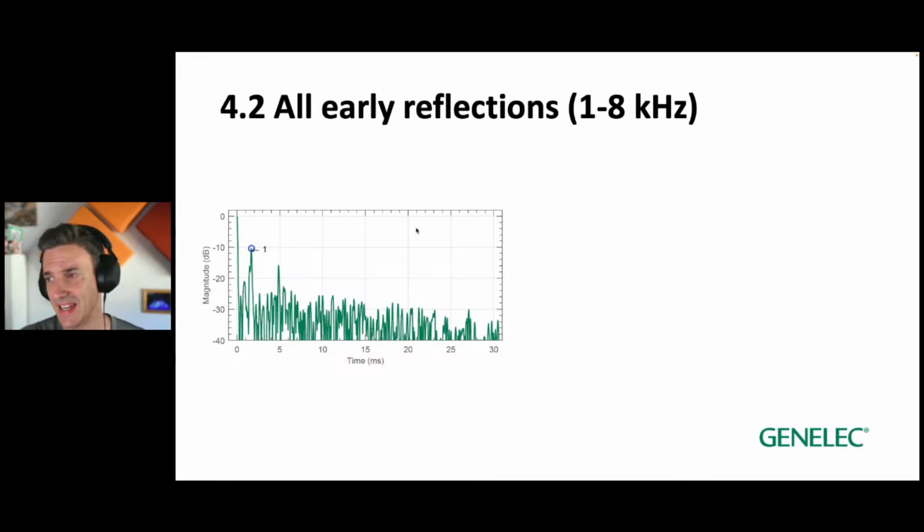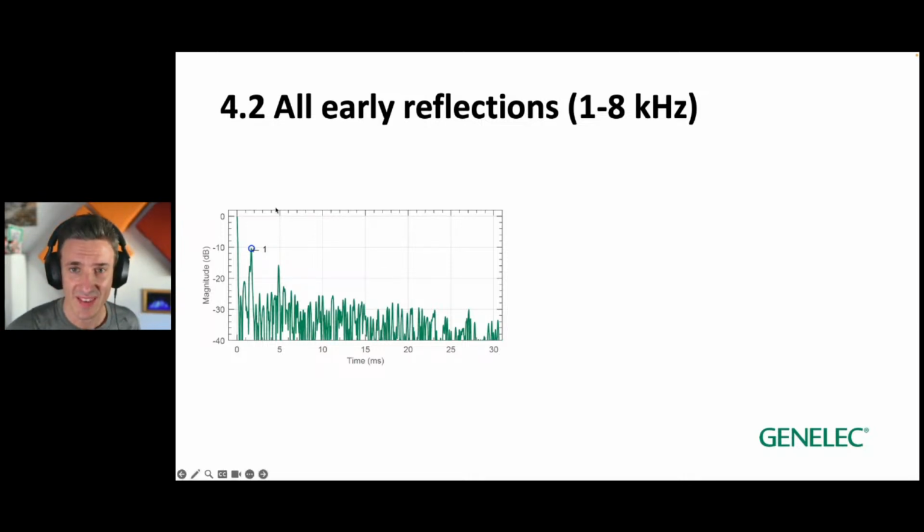So for example, let's say I have my speakers on the table and there is some screen that somehow is a little bit in the sound field. Then I will get the first signal from my tweeter. This is my direct sound, and it will be reflected by this screen as well. So just let's say 2, 3, 4 milliseconds later on, I will just get the reflection. And this is exactly what's shown here.